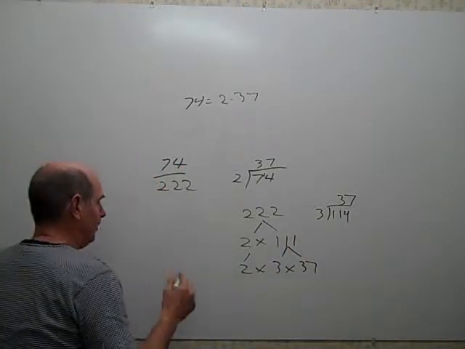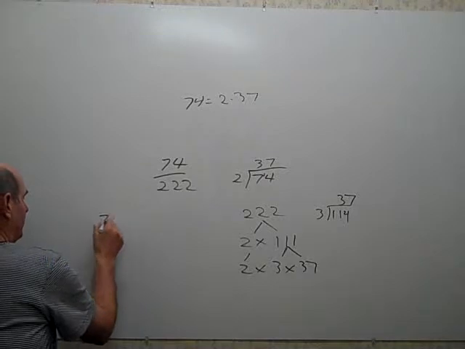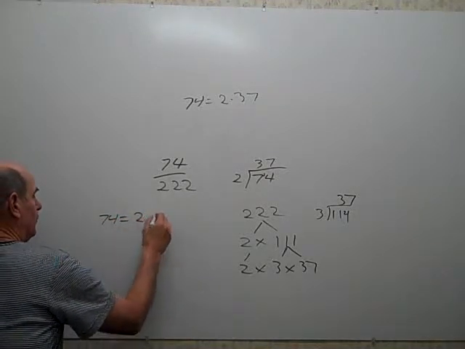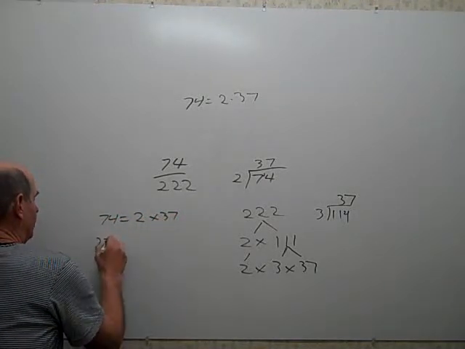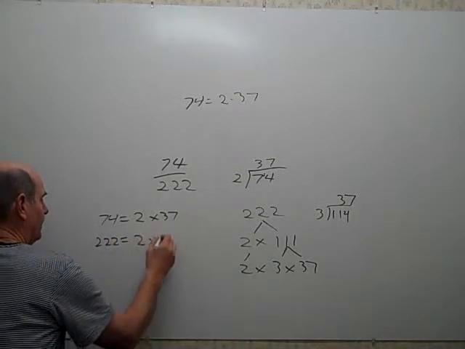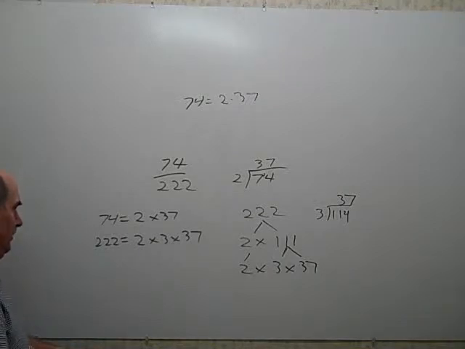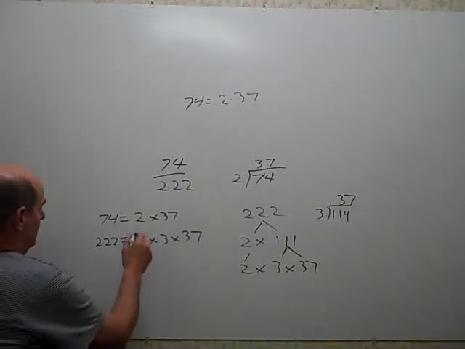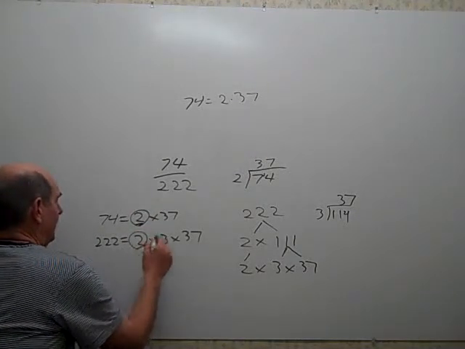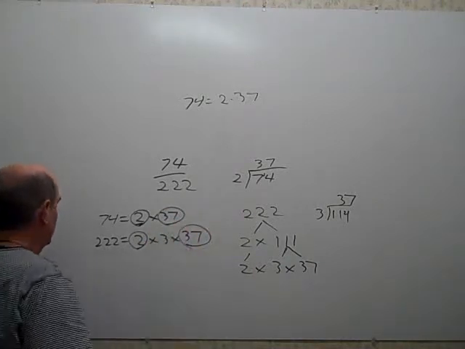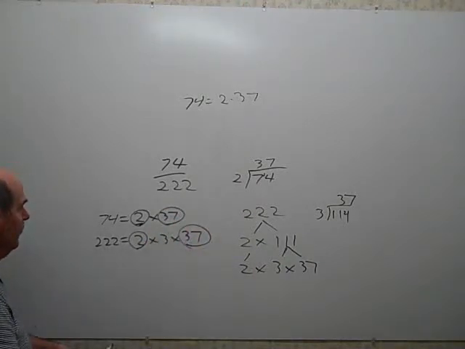Okay, so just to sum it up, 74 equals 2 times 37, 222 equals 2 times 3 times 37. So what do they have in common? A 2 and a 37. So the greatest common factor here is 74, because 2 times 37 is 74.